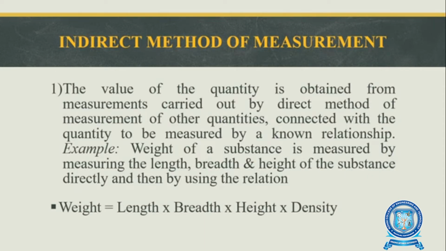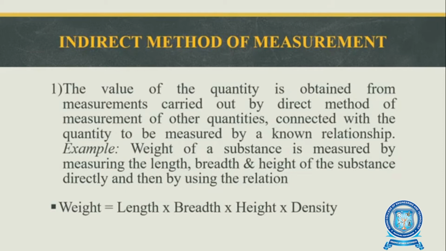The particular object's value to be measured is obtained by other measured quantities or other measured objects which are functionally related to the required value.